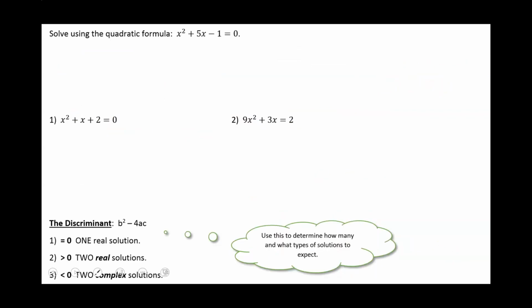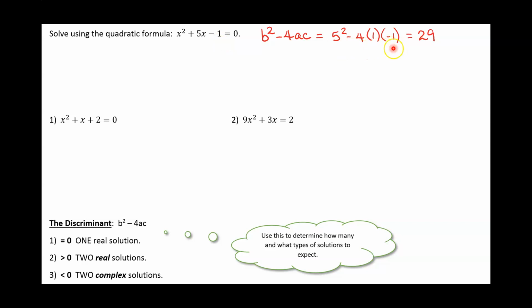It's just the b squared minus 4ac. So let's go back to that first problem that we had, and let's say that instead of solving it, we just needed to know how many solutions we were going to get and what kind of solutions they would be. So I could do the discriminant, b squared minus 4ac. So b is 5, so b squared minus 4 times a is 1, and c is negative 1.